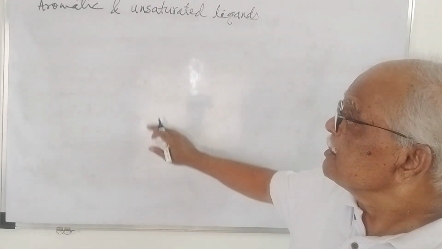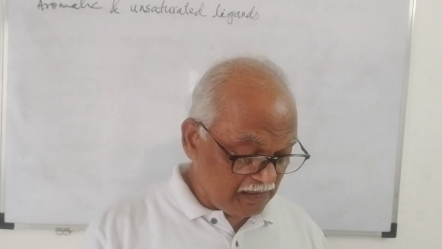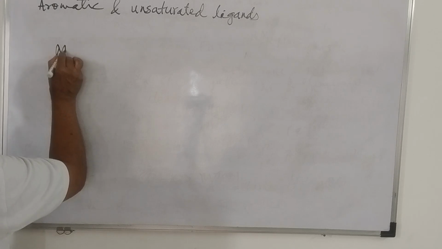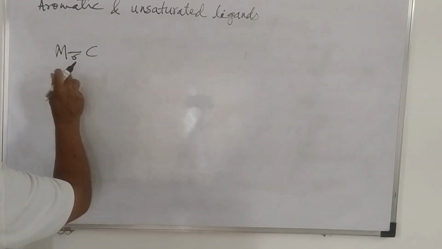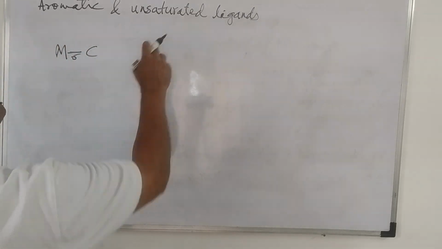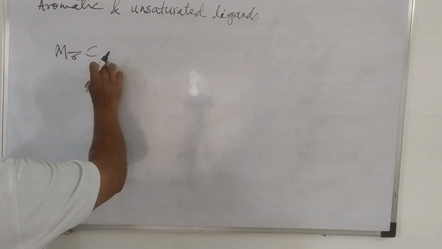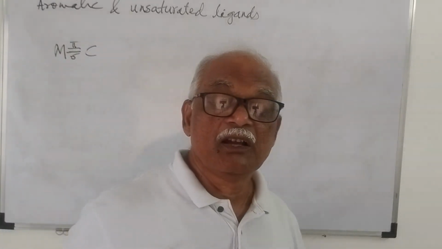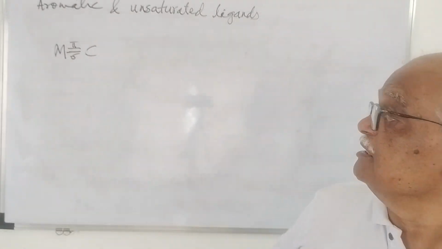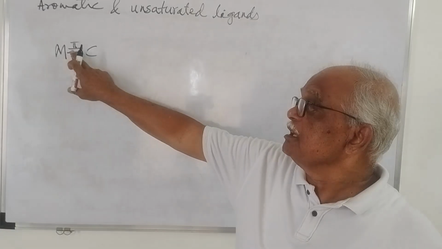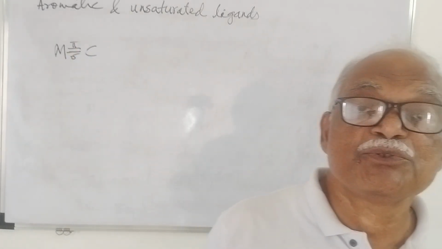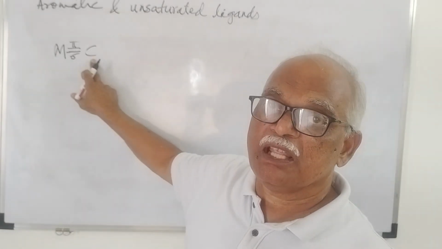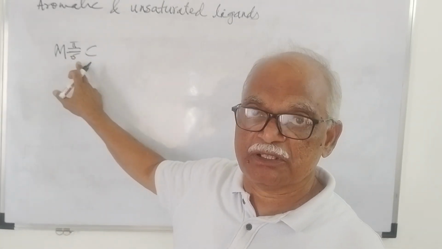If we see that these compounds allow the pi contribution to the metal carbon sigma bond, so this is the metal carbon sigma bond. The presence of such ligands with this carbon shows that there is involvement of pi contributions. Here the pi contributions make use of metal d electrons and carbon p electrons, which are lying parallel to each other.